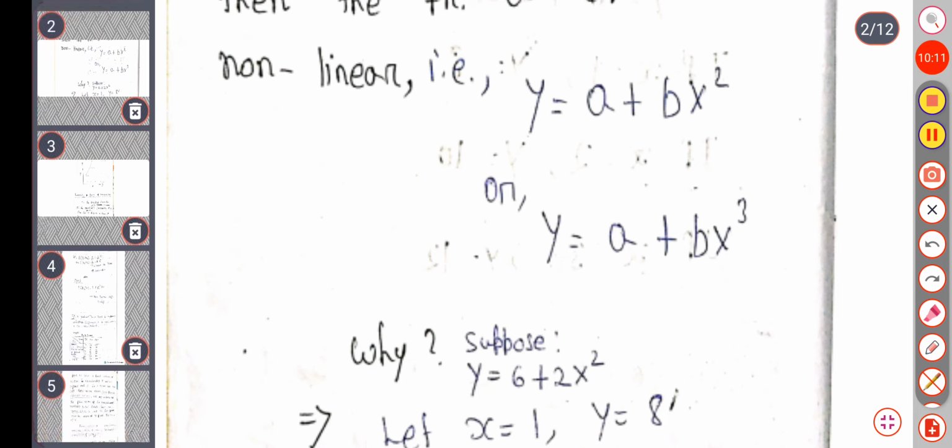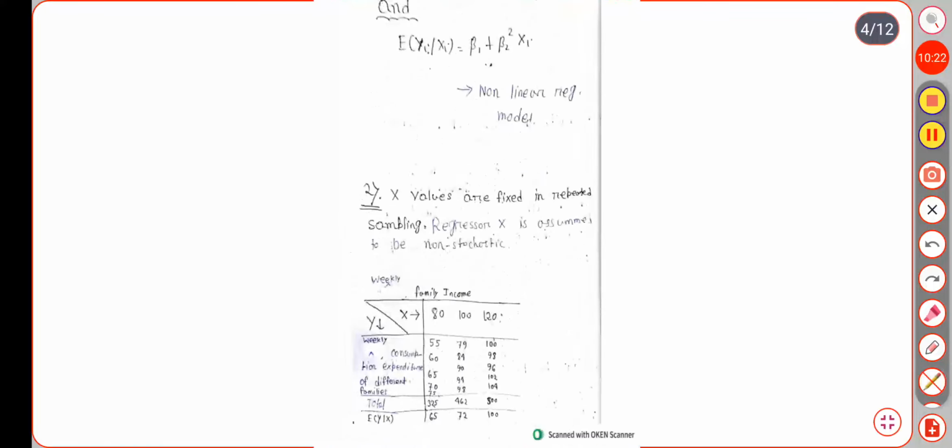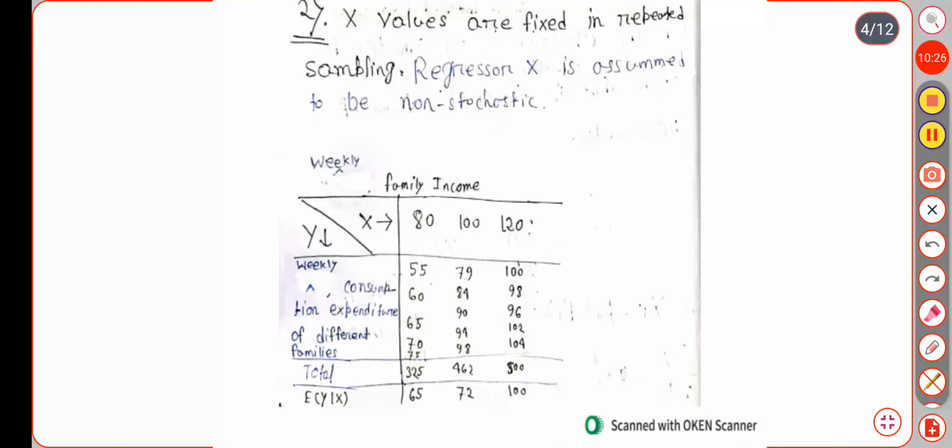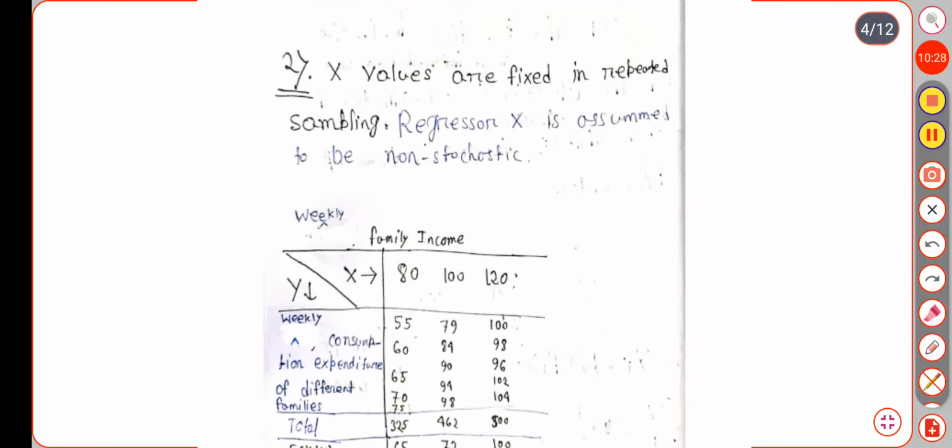Now we are leading to the next assumption. This is the next assumption: X values are fixed in repeated sampling. X values are fixed means that suppose there are 3 income groups.